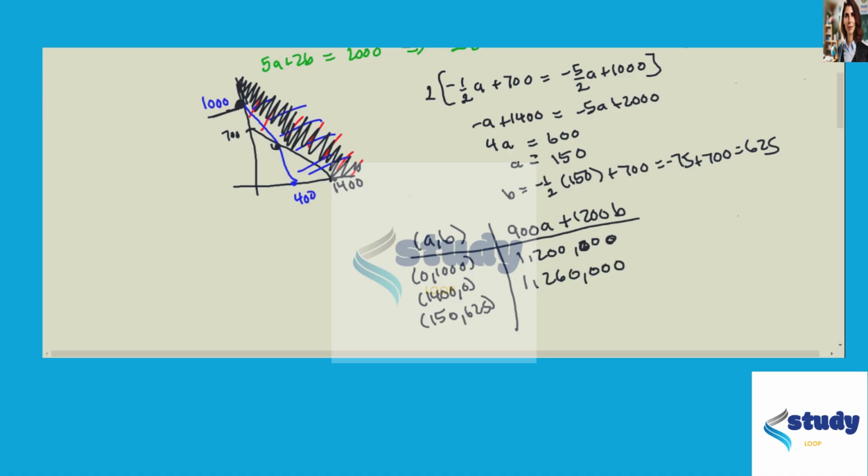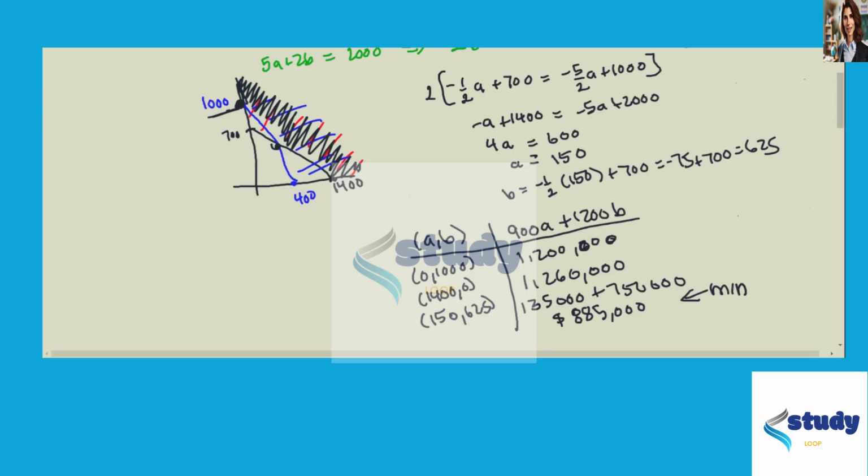Then the last one, 900 times 150 plus 1,200 times 625 is $885,000. Okay, so that's certainly the minimum right there.